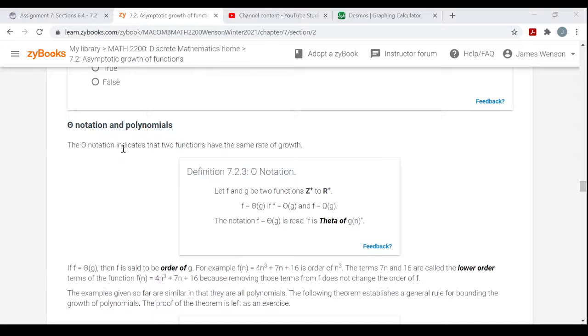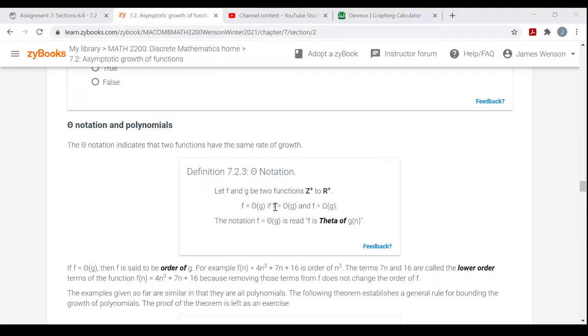So the theta notation indicates that two functions have the same rate of growth. So again, functions from Z plus to R plus. F is theta of g if f is O of g and f is omega of g.